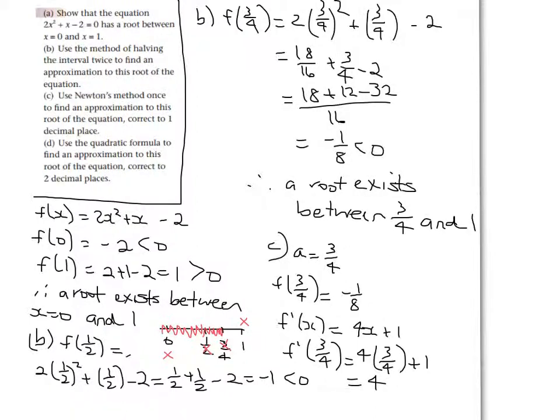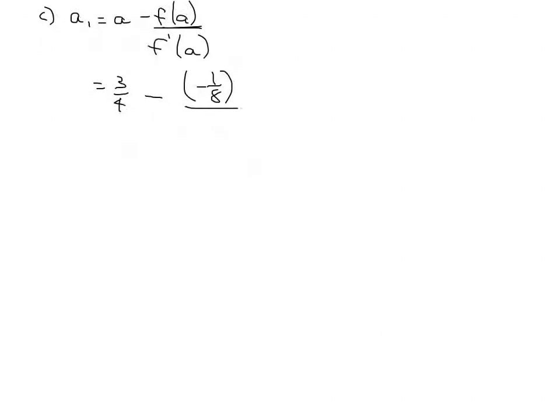So Newton's method: the new approximation A1 equals the first approximation minus f of A on f dash A. So it was 3/4 minus f of 3/4, which was minus an eighth, on f dash of A, which was 4.